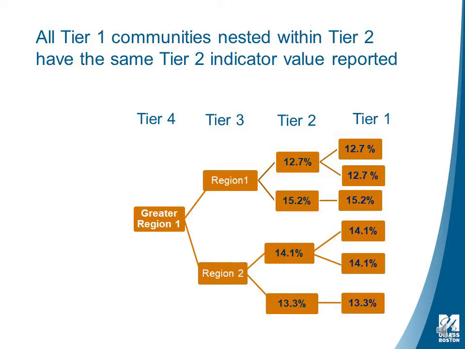The 2 towns which make up Area 1 both receive the same 12.7% value for that indicator. Likewise, Area 4, which is made up of towns 4 and 5, towns 4 and 5 both receive the same 14.1% Tier 2 estimate. The end of part 2.